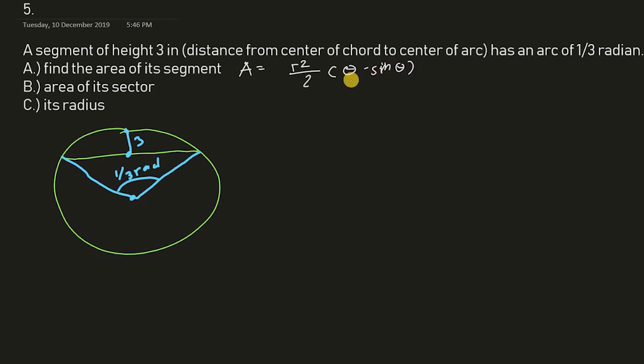Always remember, your theta here should be in radians. There's also a formula for degrees, but this is for radians. Because when you memorize a lot of formulas, it might be harder for you. So you need to stick with something.